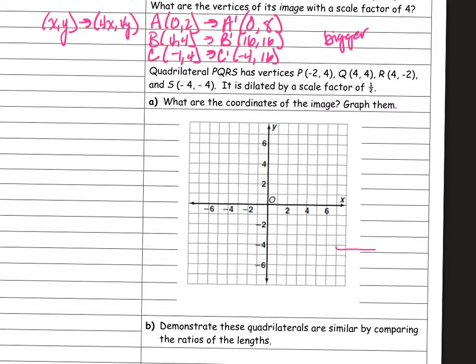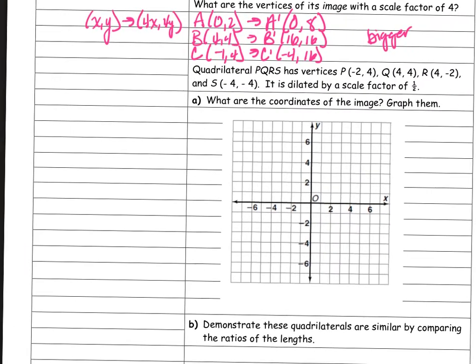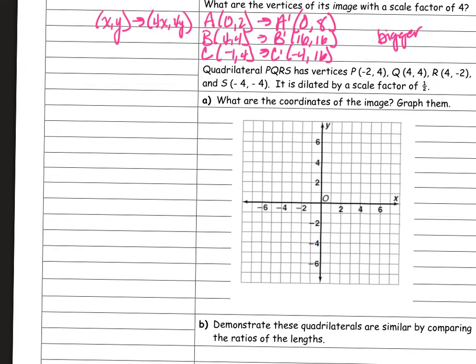So I'm going to, oops, let me erase that. Let me move this over a little bit so I have some space to write. Okay, so we're going to graph the points first. So P is (-2, 4). So I've got P. And Q is (4, 4).